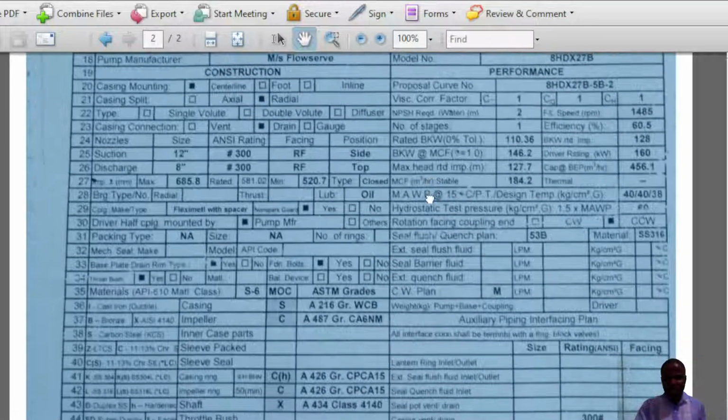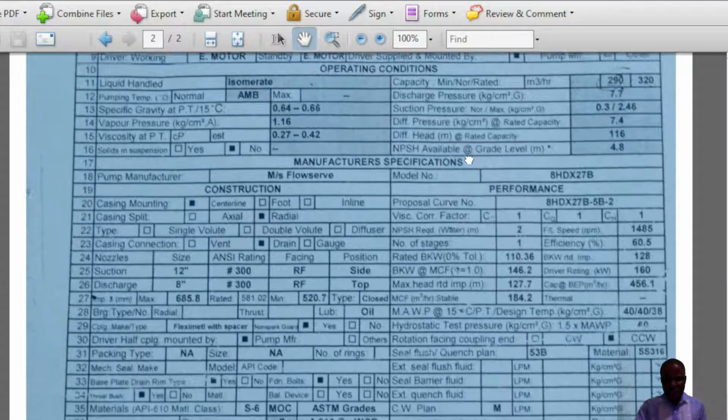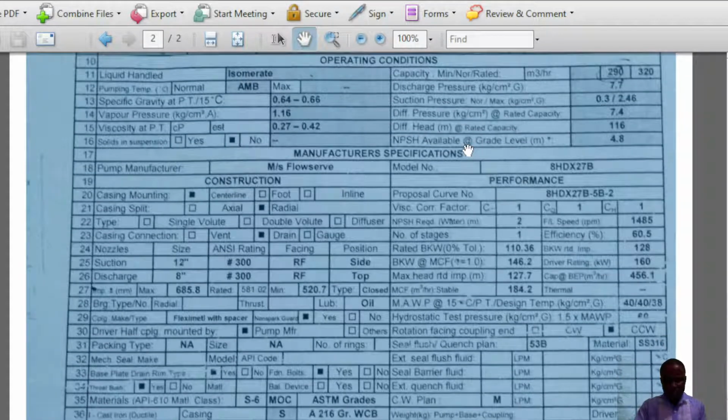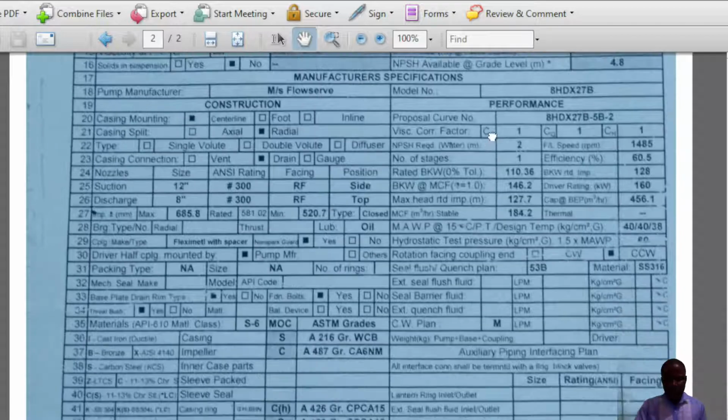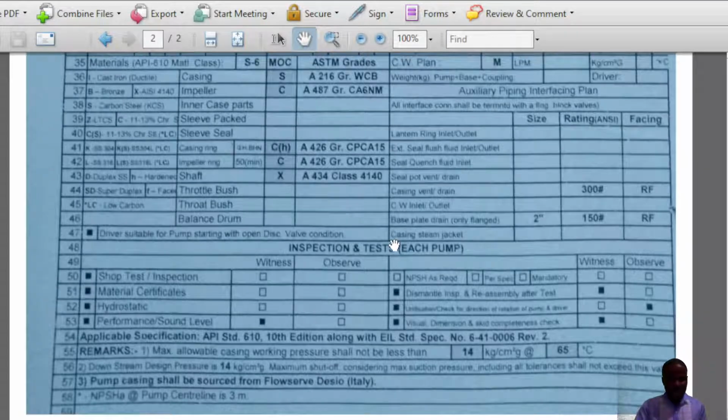For our system characteristic, the NPSH at grade level is given to be 4.8 meter. If you check down here, we are going to use the NPSH at pump center line. The NPSH available at pump center line is 3 meter.